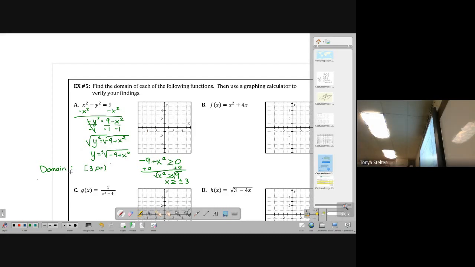So this should be greater than or equal to positive 3 or less than or equal to negative 3.